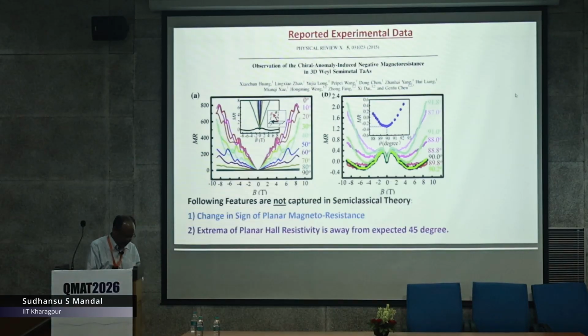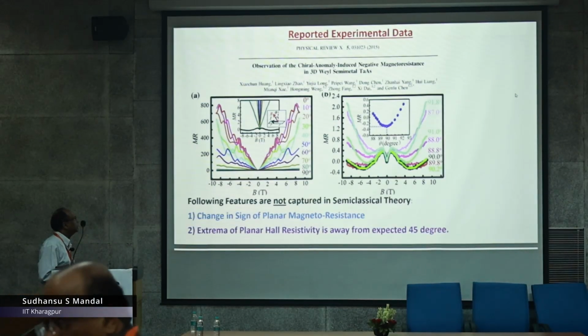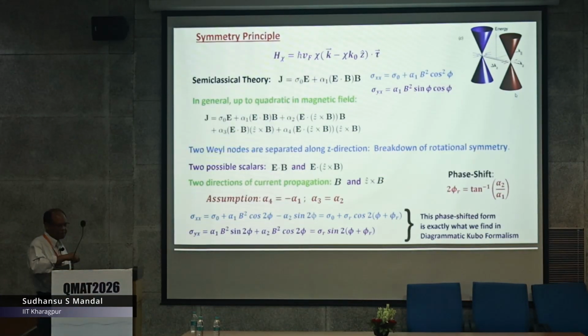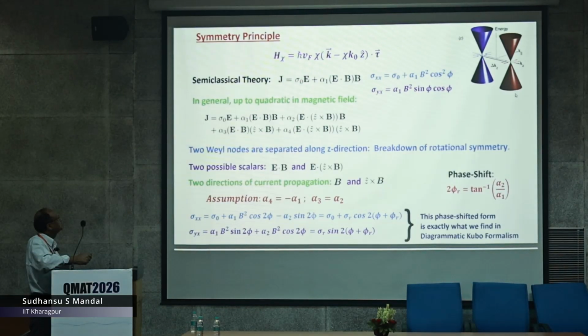So we took up this problem and we thought of a different way. First of all, I can show the symmetry principle here. This is a Weyl semi-metal Hamiltonian, where two Weyl nodes are separated by momentum 2k0. That is the Hamiltonian for two Weyl nodes.